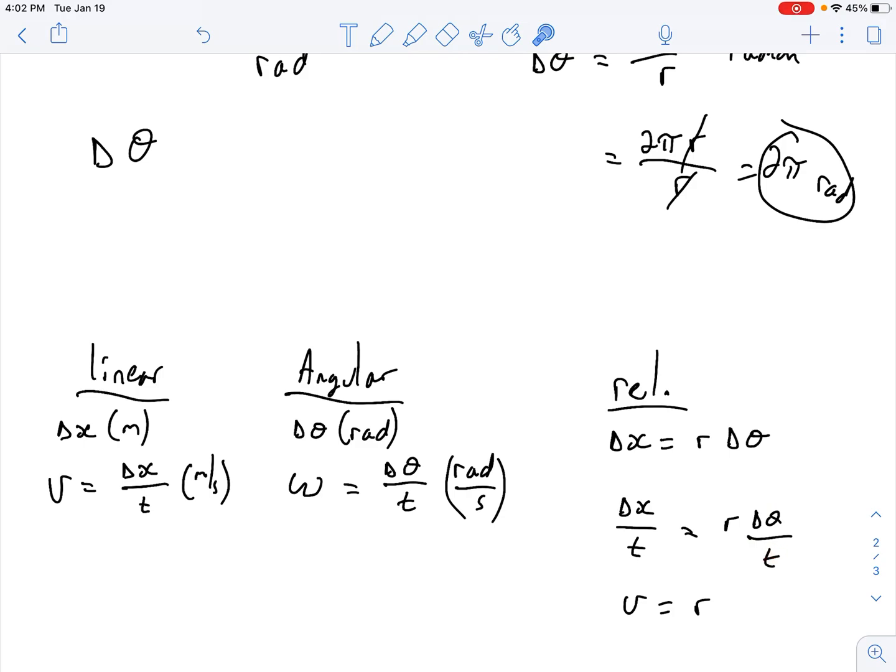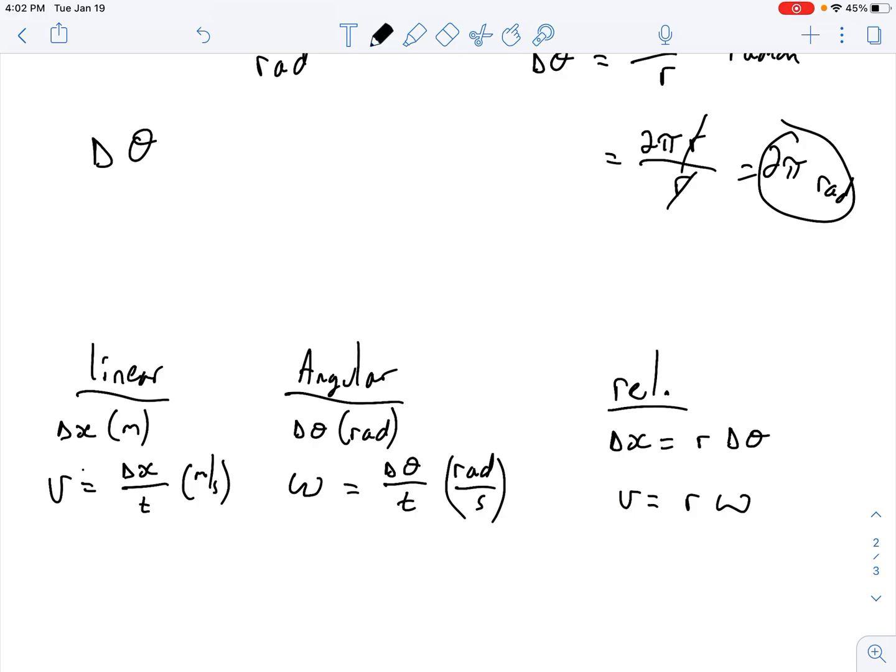Angular displacement over time is angular velocity. And this gives us the relationship between velocity and angular velocity. Again, I'm going to erase this and tidy this up so it looks nicer. But the relationship would just be that velocity would equal radius times angular velocity. Maybe you're noticing a pattern in these relationships.